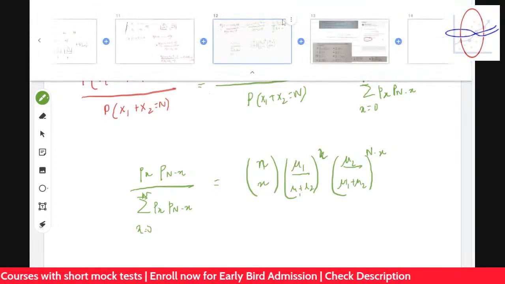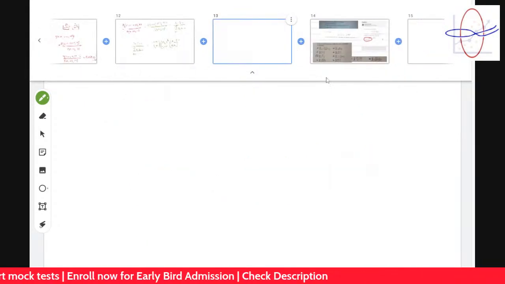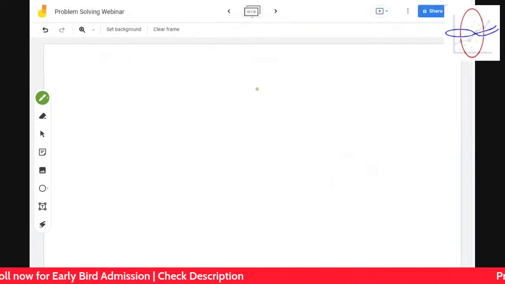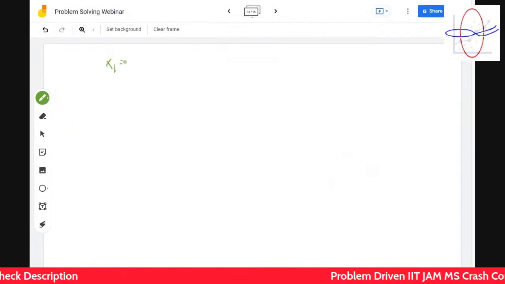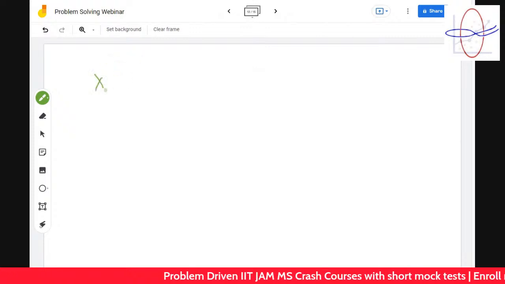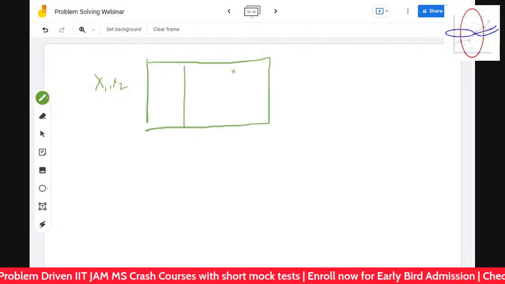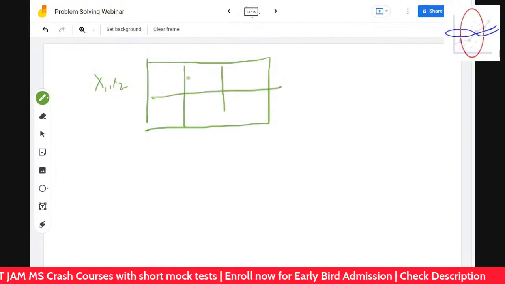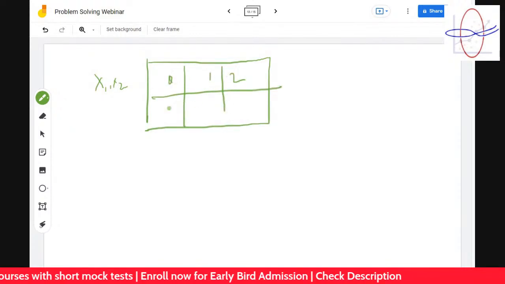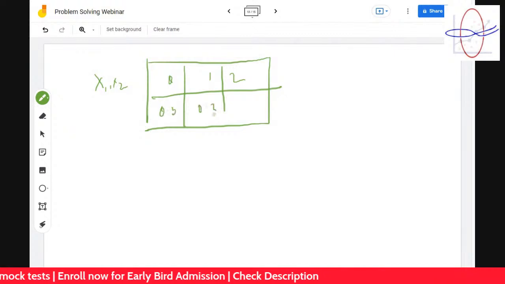Okay. So how do you know this is correct or not? We can do this for small cases. Let's say x1 and x2 are IID, they take values 0, 1, 2, with probability 0.3 each.